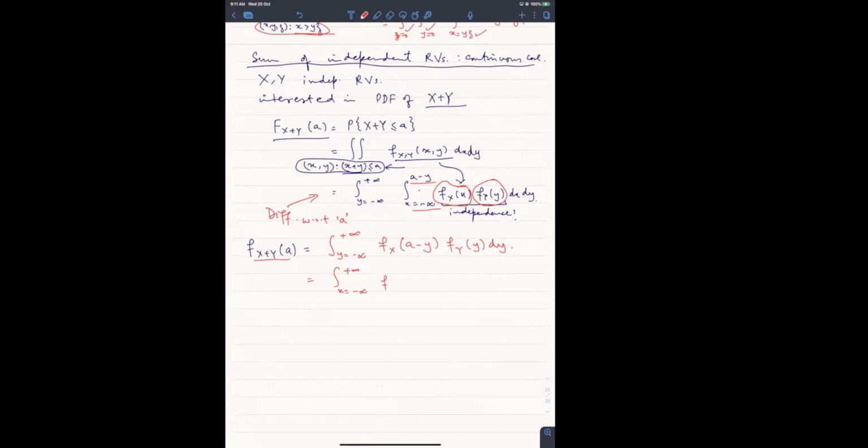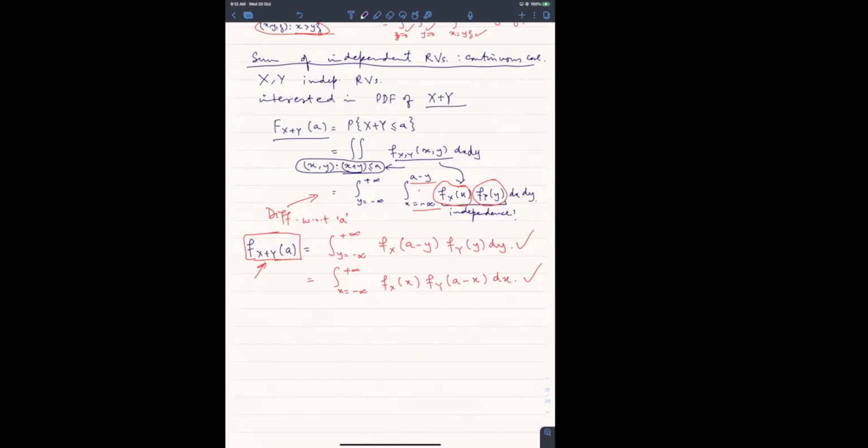So this would be equal to the integral of fx of x into fy of a minus x dx. So there are two ways you can find the PDF of the sum of two independent random variables. या ऐसे मालूम कर लें या ऐसे मालूम कर लें. y को आप वेरी कर लें या x को वेरी कर लें.